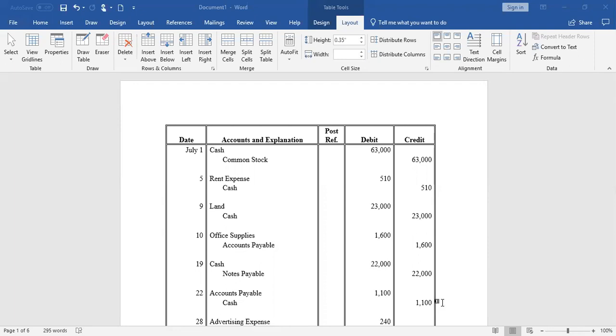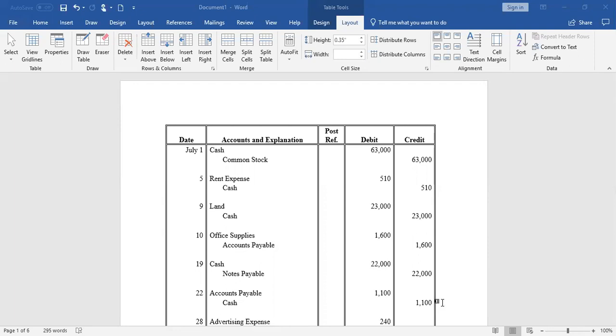We call that the chart of accounts. So when you're reading the transaction, if you weren't sure what account to use, you just refer down to that list and you'll see all those items. You'll have that for your test on Thursday.